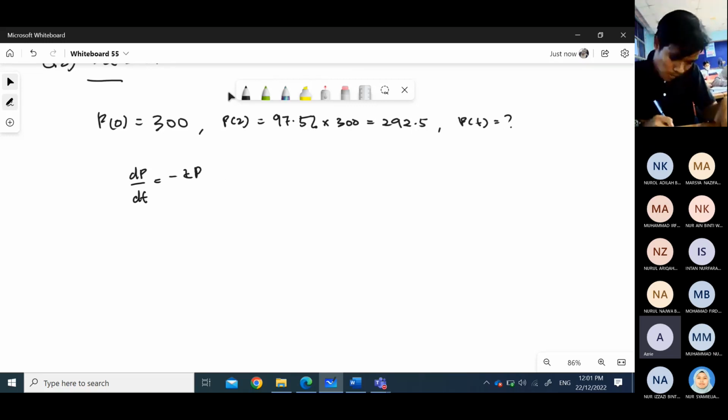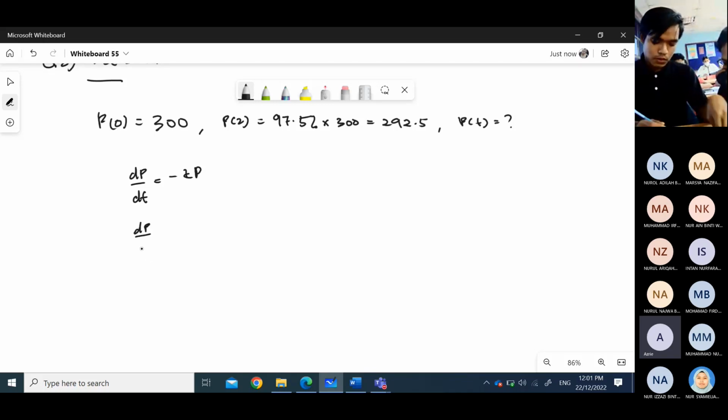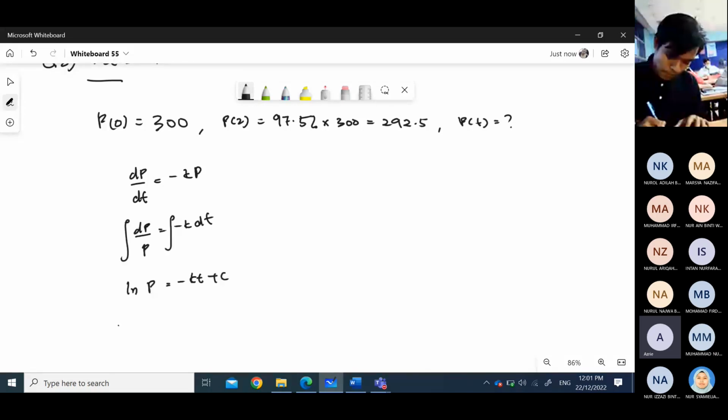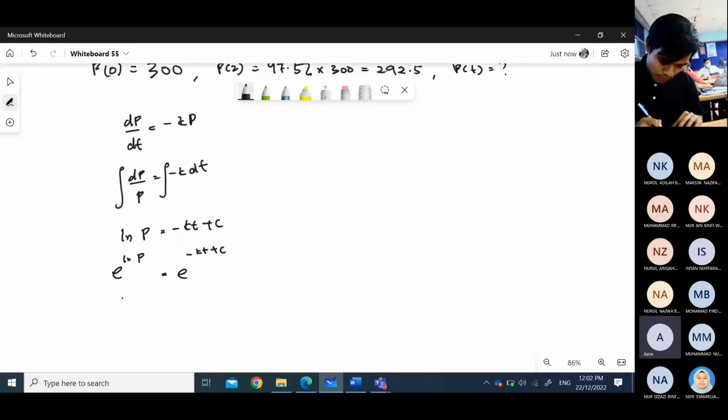So apply separable equation. So we separate for P and t. So we have dP over P equal to negative k dt. Okay, so we take exponent left hand side, right hand side.